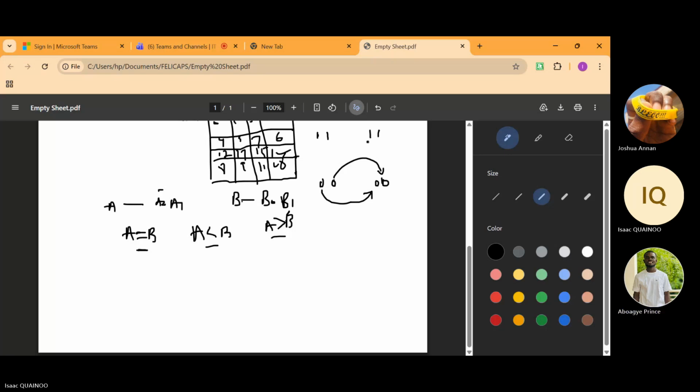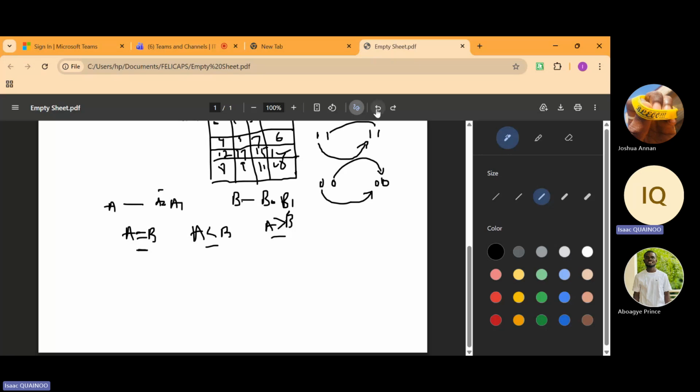Yeah, we get it. Okay, so if we take the case of 1 and 1, compare the first bits. You can see that the first bit is 1, they are equal. Then compare the second bit. The second bit is also equal. So you can conclude that this set of combinations are equal.